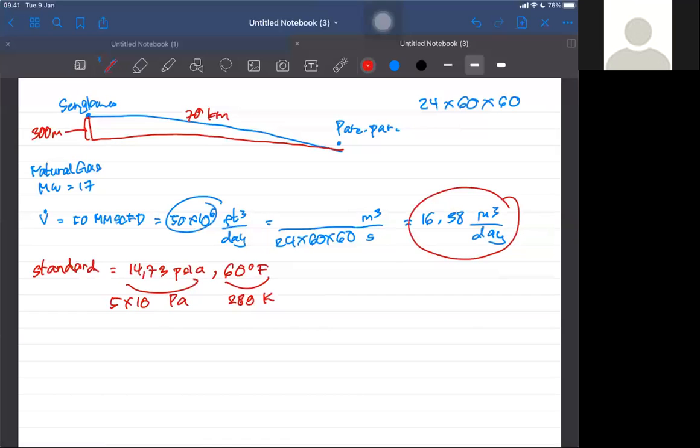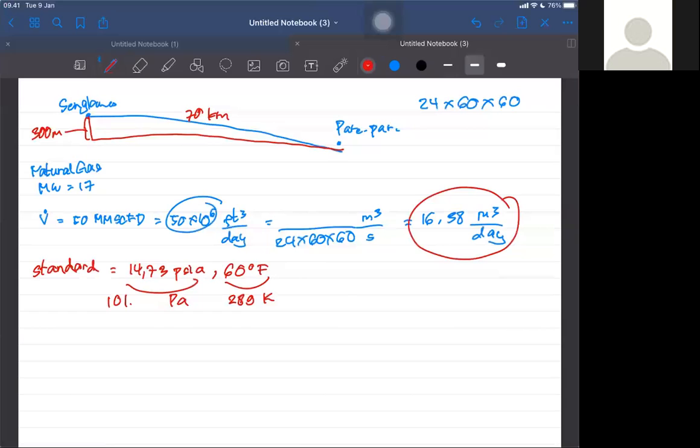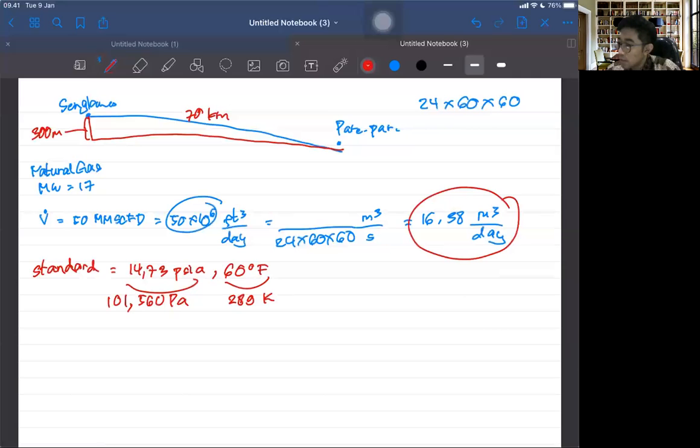Okay, check again, please, and the others also calculate. I made a mistake, sir. It's 1.01 times 10 to the power of 5. Okay, so it's around 101 kilopascal.